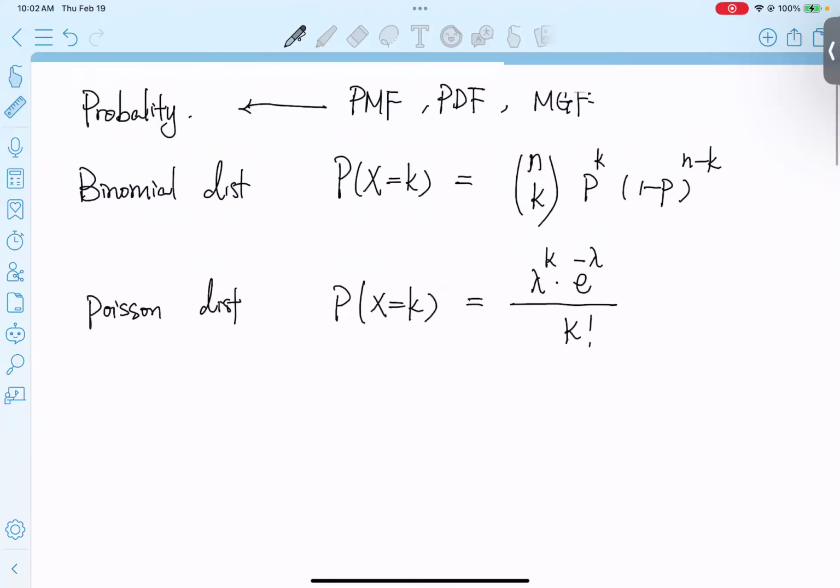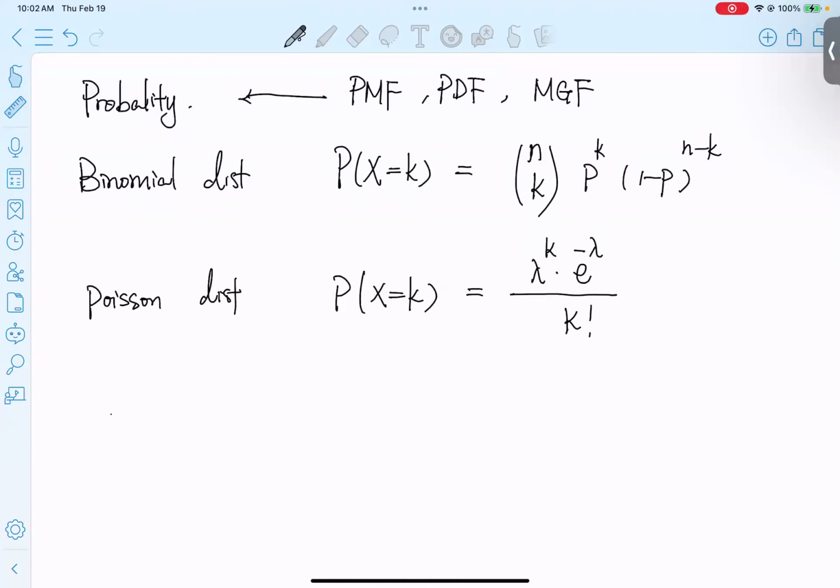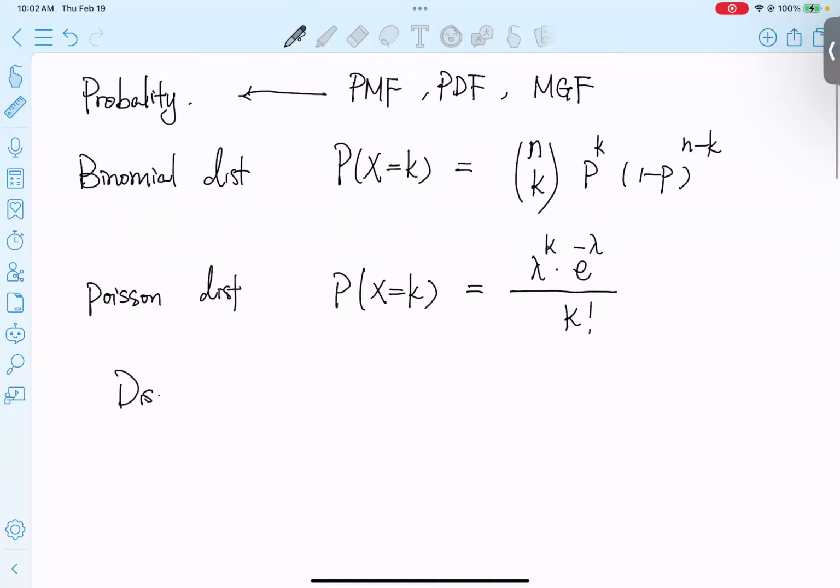So these distributions are for discrete variables, which means x is in 0, 1, 2, 3, those positive integers. And they also have parameters.